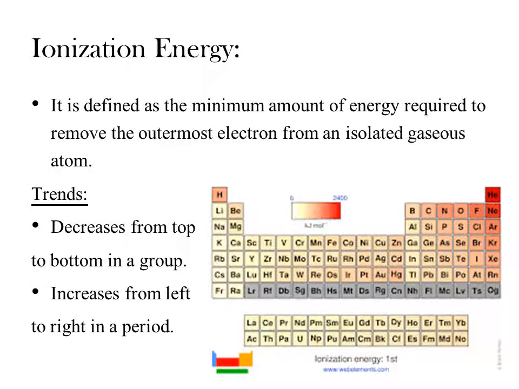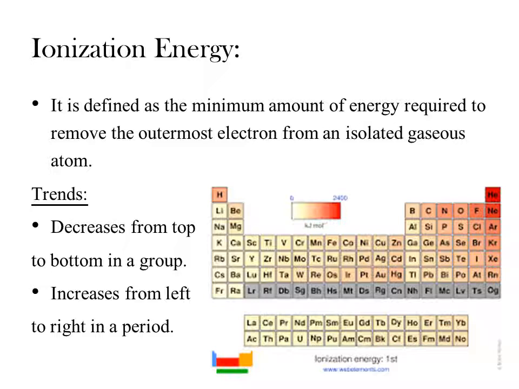Our next property is ionization energy. Students, you know that an atom is always neutral. When electrons are removed or added, it is converted into an ion. So here we are defining our next property, that is ionization energy.